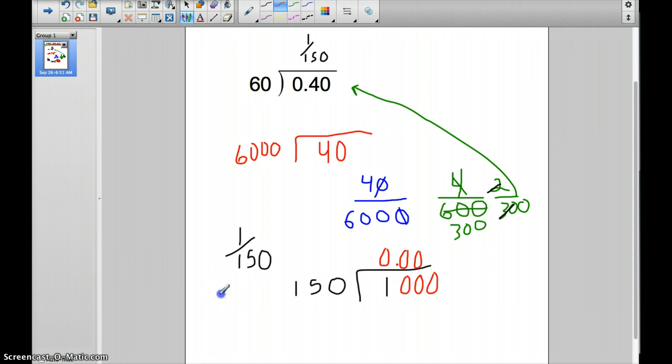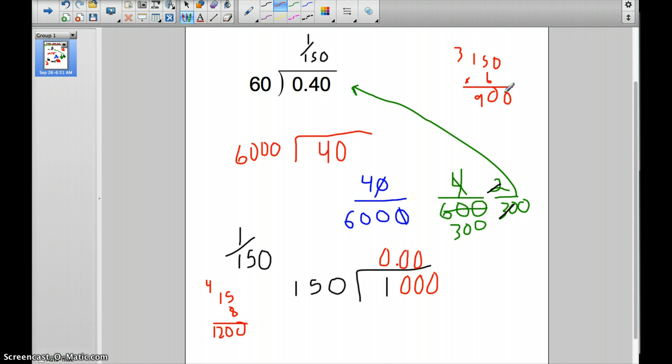I'll try something like 8. 15 times 8 gives me 1,200. That's too large. I'm going to try 15 times 6. I'm doing my work in the upper corners here. 15 times 6, or 150 times 6 would give me 900.